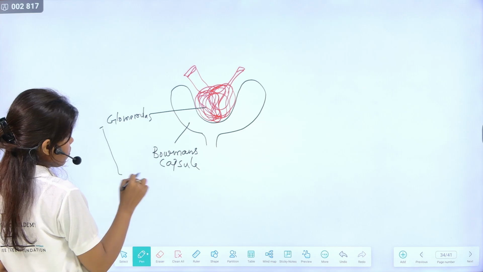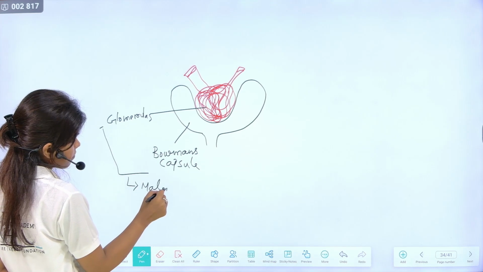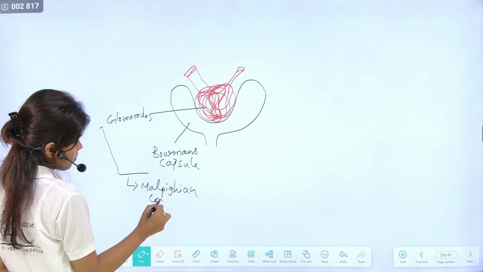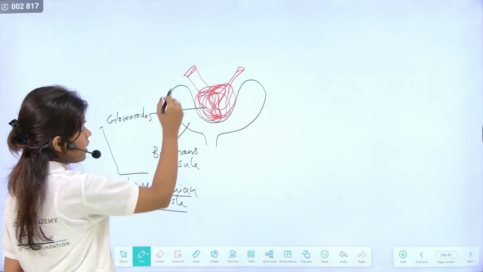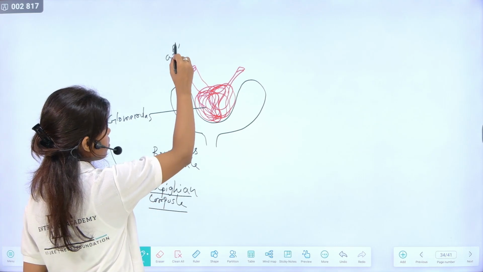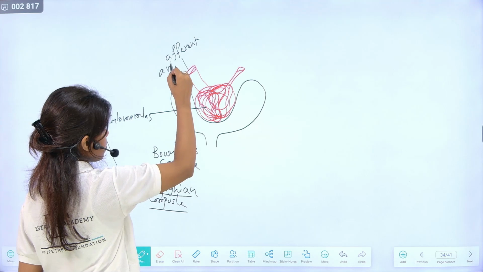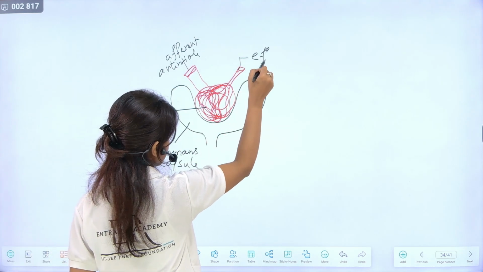Together these two are known as Malpighian corpuscle. And this is the afferent arteriole. And this is the efferent arteriole.